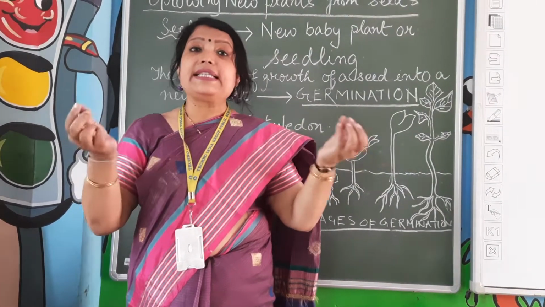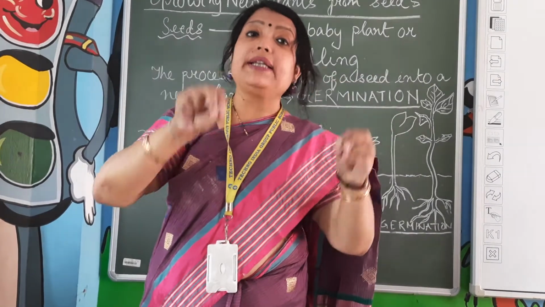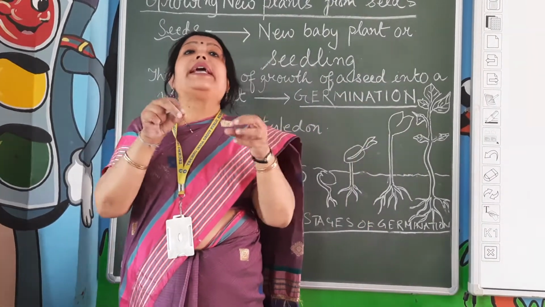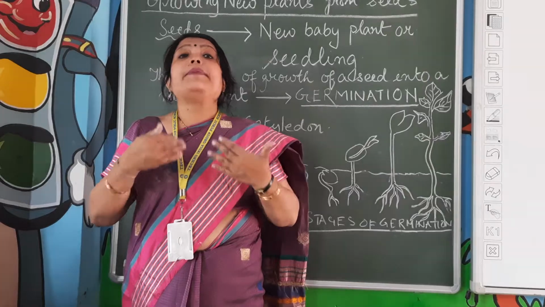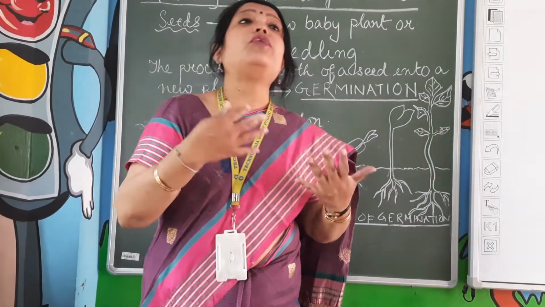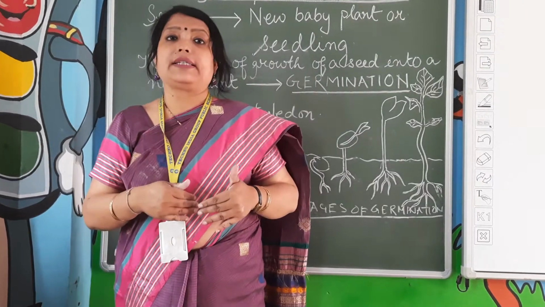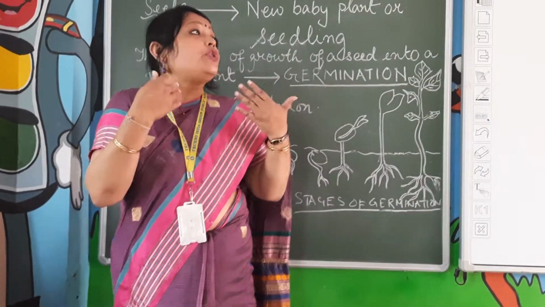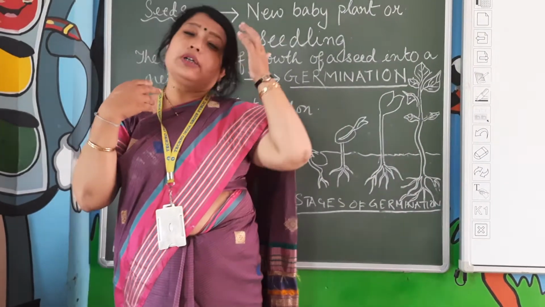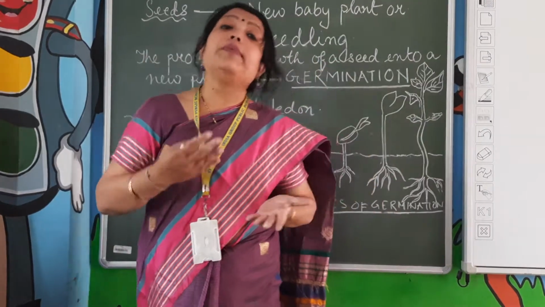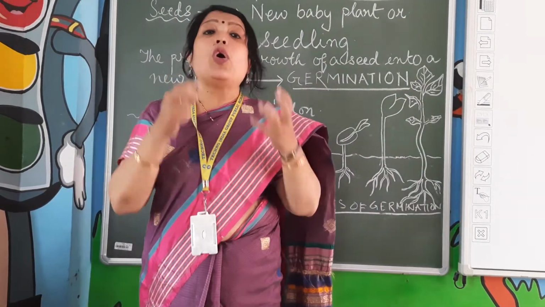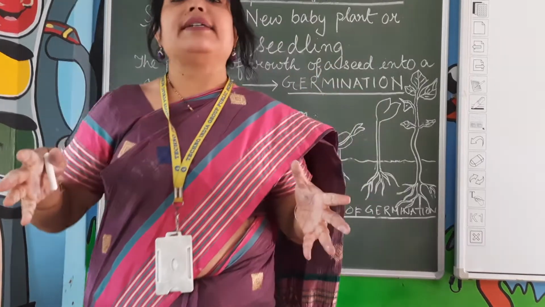Yes, if the seeds crowd around in a particular place, that will create a problem of space, a problem of food, and also a problem for the growth of the plant. So in order for the plants to grow in a better way, all the seeds need to be scattered.